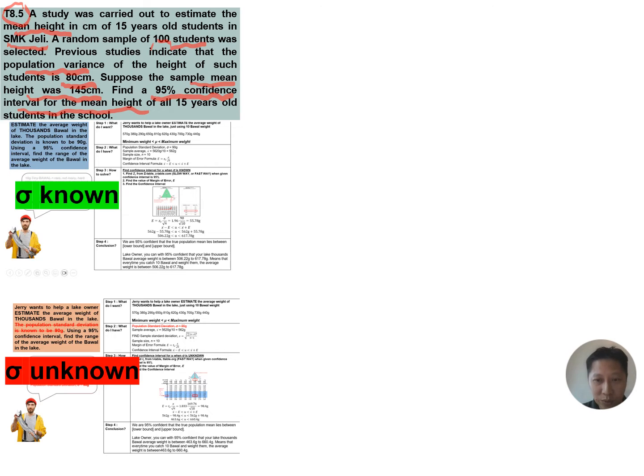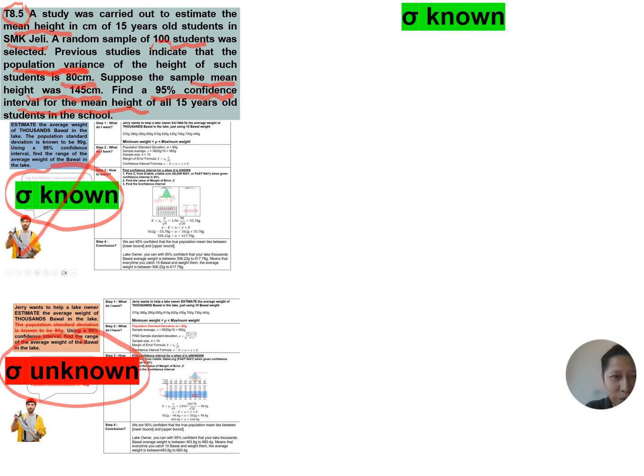This problem is trying to estimate the population mean, so it falls under our chapter 8 estimate procedure. Now we identify whether it is population standard deviation known or unknown. Obviously we have it, because the population variance is related to the standard deviation. So we're going to use the formula from these 4 big steps.